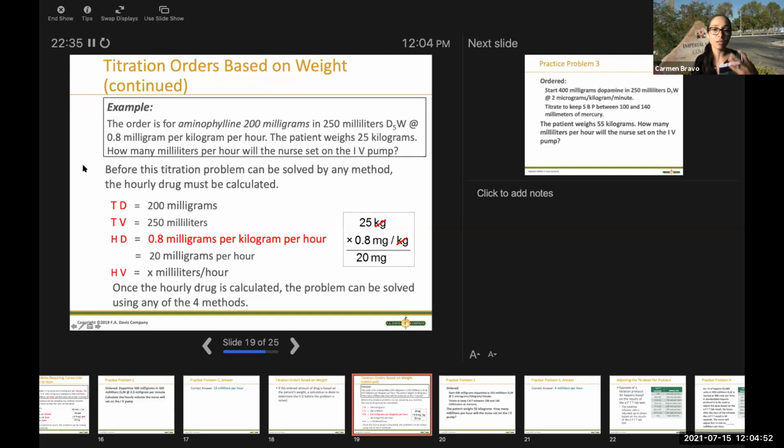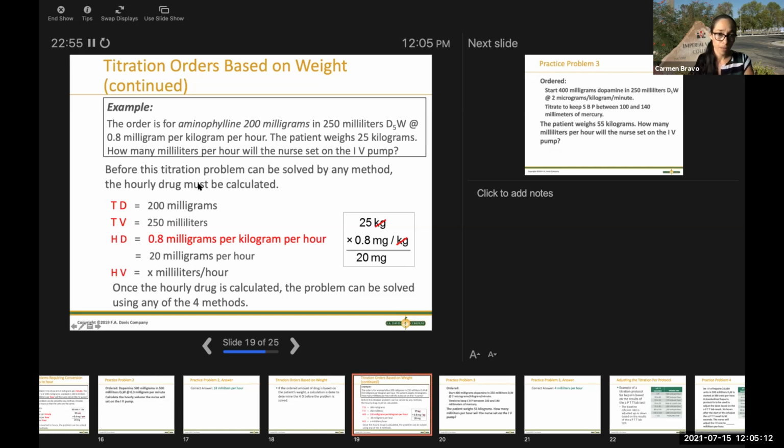All this means is that you have to add more conversion factors to your problem. It's not impossible, it's just a little longer. And sometimes they put pounds, so we have to convert it all with the pounds.